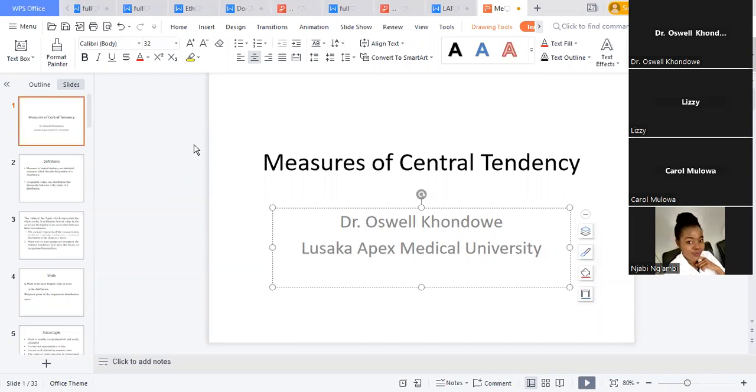But most importantly, we want to see what is more representative of those numbers in relation to the population from whom we've collected data. That is what measures of central tendency is all about. We're looking at the central location of values which can represent a sample.